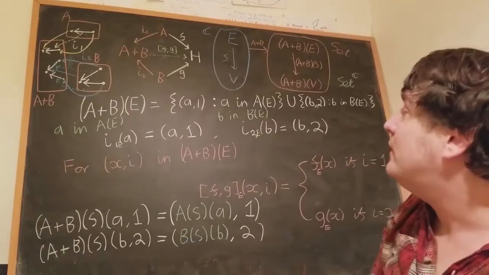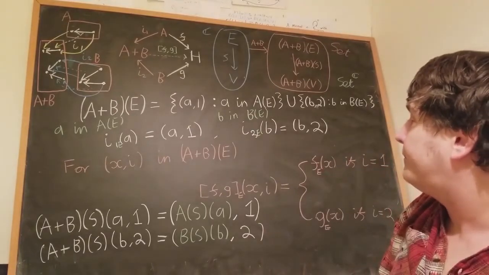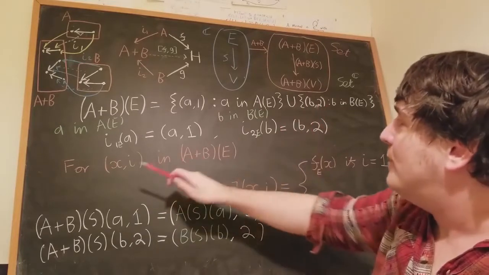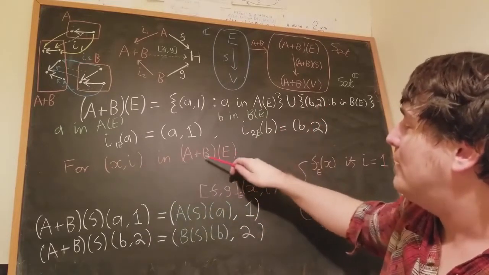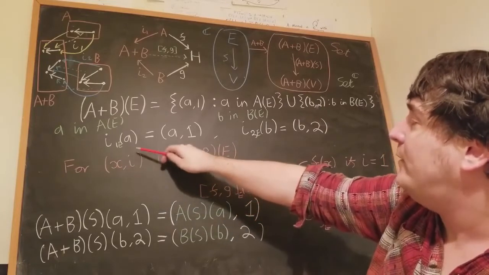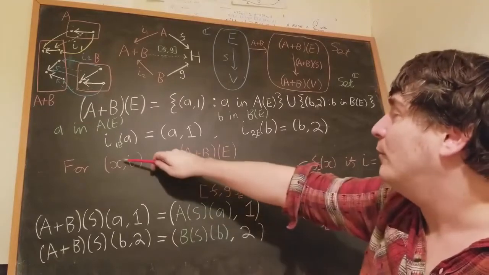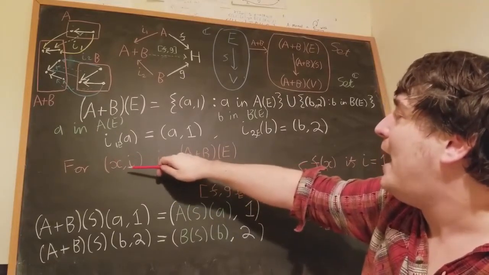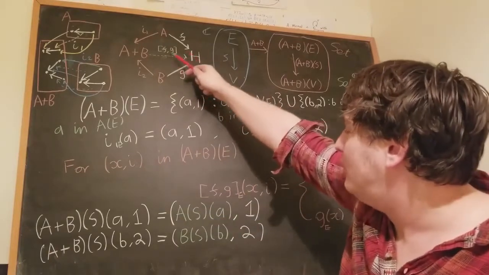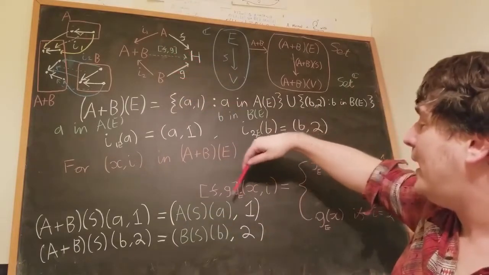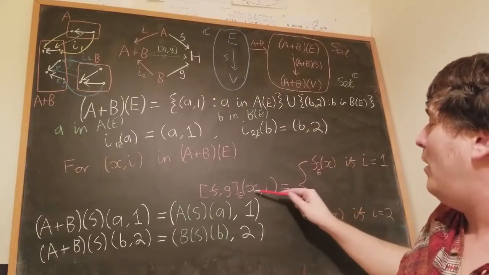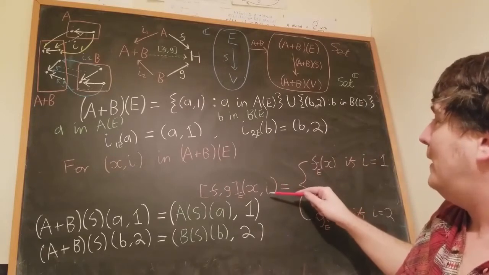That's basically the idea. More formally, an element of A plus B at E, we could write as (x, i), where i is going to be 1 or 2, depending on whether this thing came from A or B. When we do the Eth component of [f, g], because it's a natural transformation, we do the Eth component of it on (x, i).